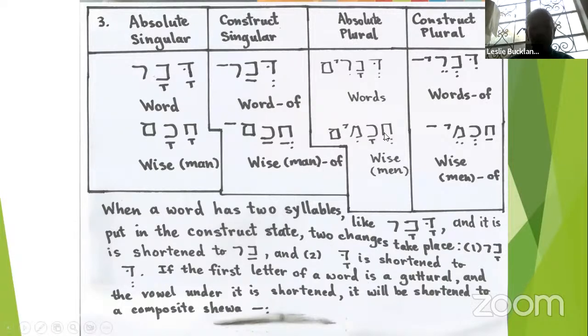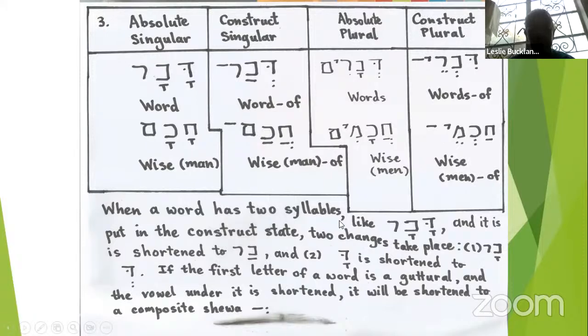In its plural form, in its absolute state, you have chakhamim, wise men. And in the plural construct state, this hatef patach becomes simply a patach under the chet. And this qamets changes to a simple shiva. And the usual ending, the long tsere, is right here at the end. So it's chakhme, wise men of.